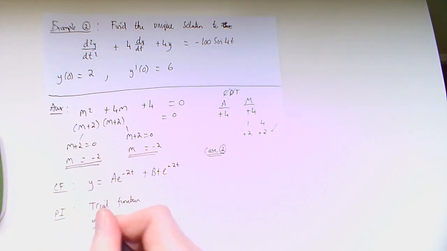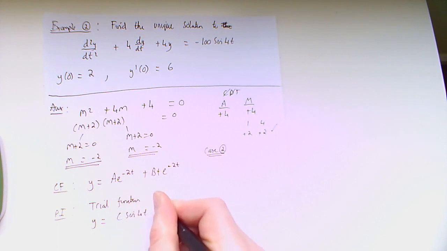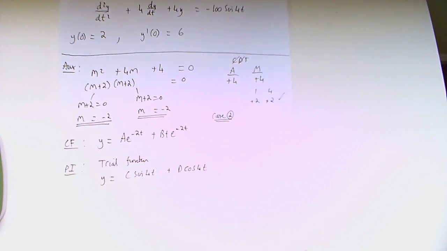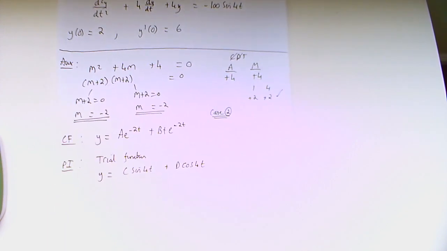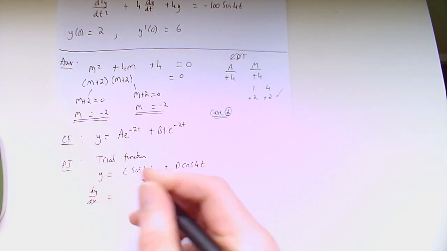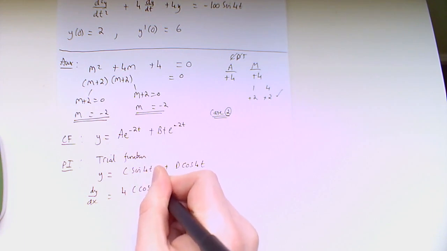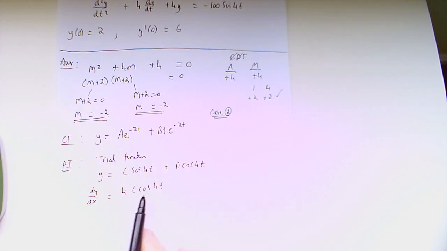So it's y equals c sine 4t plus d cos 4t. And this bit is annoying, because there are quite a lot of different things to do. You've got to differentiate once, which gives 4c cos 4t, and watch your c's and your cos's.